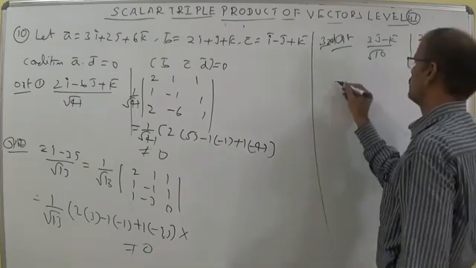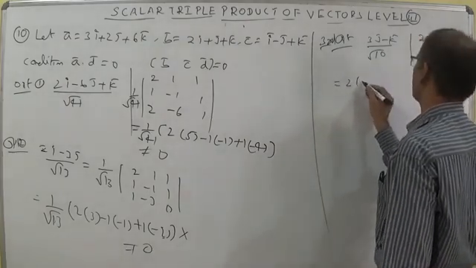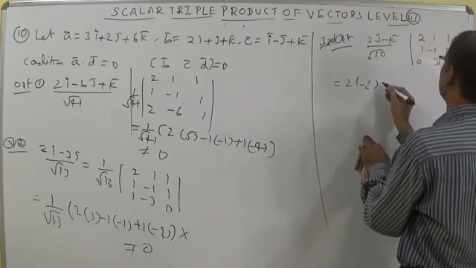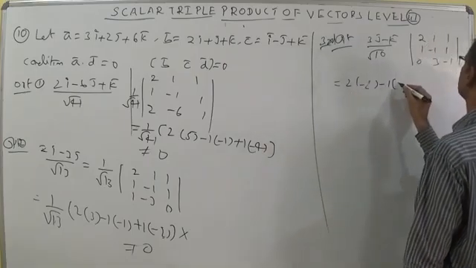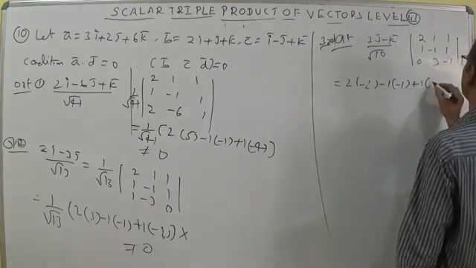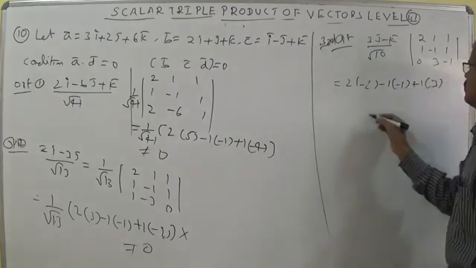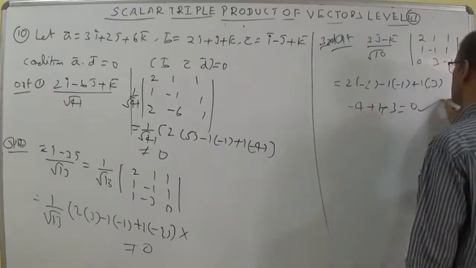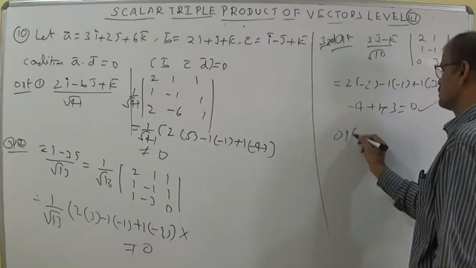That is equal to 2 into 1 minus 3, minus 1 into minus 1 minus 0, plus 1 into 3 minus 0. That gives minus 4, plus 1, plus 3. Yes, this is 0. So option 3 is the answer.